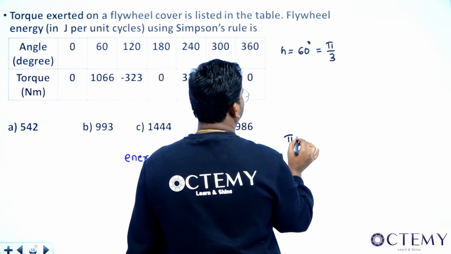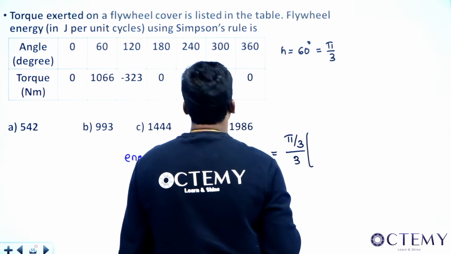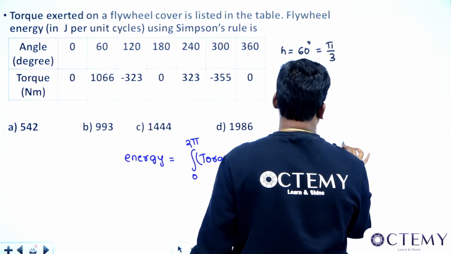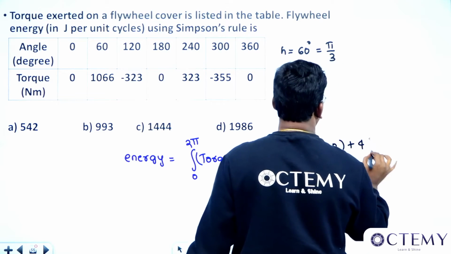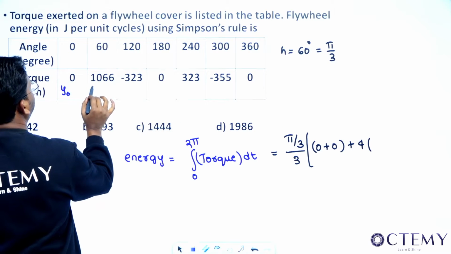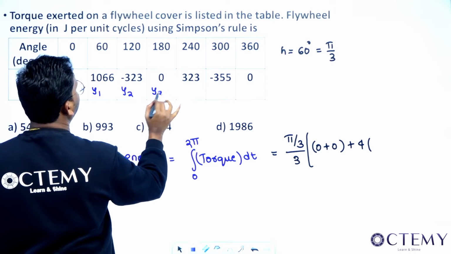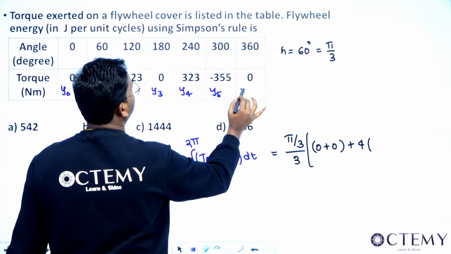So it will become (pi by 3) whole divided by 3, into first plus last, 0 plus 0, plus 4 times odd. This is your y0, this will be y1, y2, y3, y4, y5, y6.